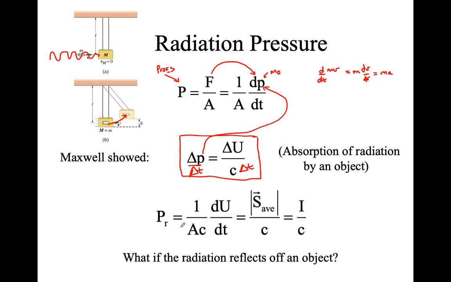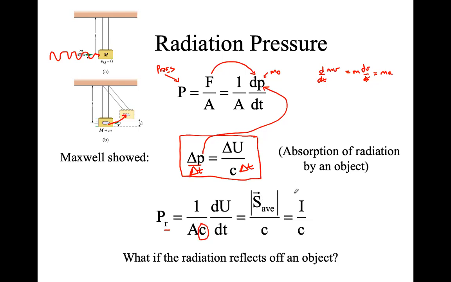So those are my constants now. Pressure, we call it radiation pressure. That's why it's subscripted with R, is just the rate of change of energy in time. That's power, right? Divided by area. Power divided by area. Magnitude of John Poynting's vector. Intensity. But I still have this speed of light hanging around.